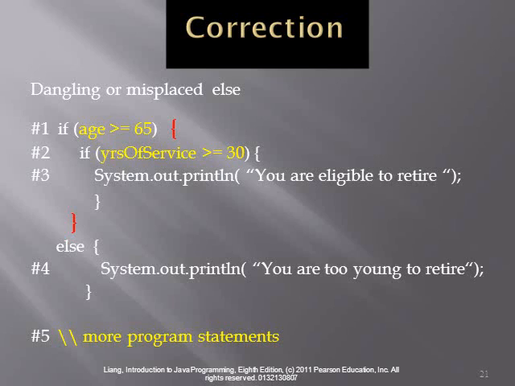So by enclosing that second if in the code block braces, we ended up pairing the else with the right if, and now if the employee is less than 65 years of age, we'll get the right message.